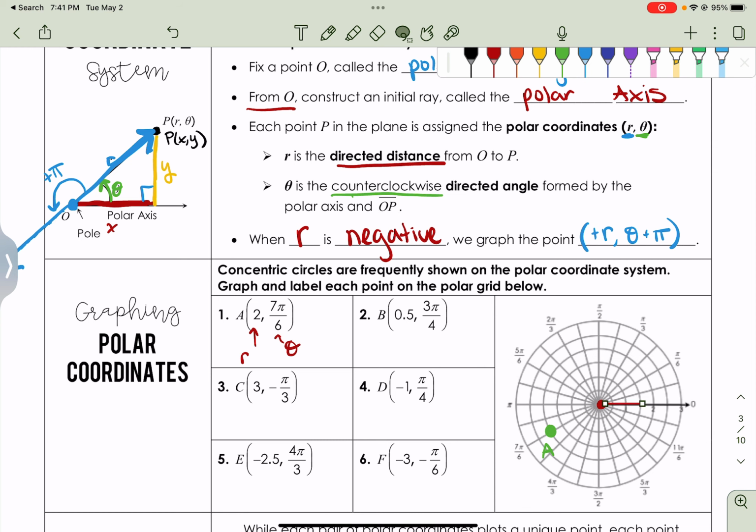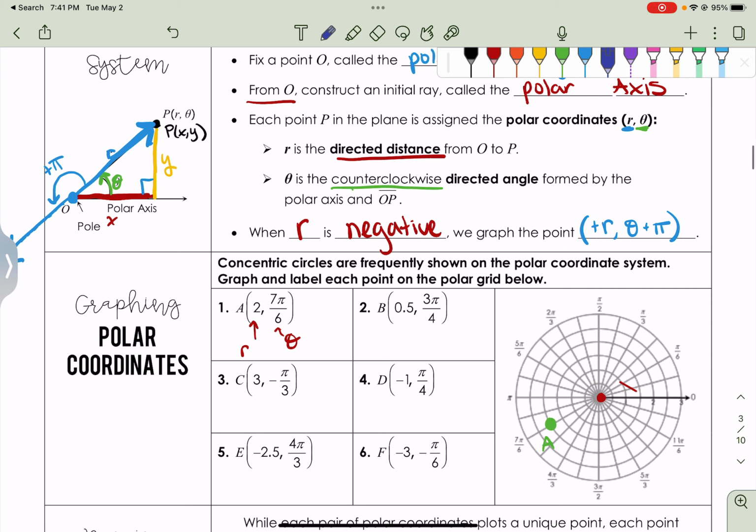So for number 2, we will open half a unit. So this concentric circle I've highlighted here is 1, so I'll go back 1 more circle. And 3 pi over 4 is right over here. And so our point B will be right there. There's 2 pi over 3, there's pi over 4, right there.